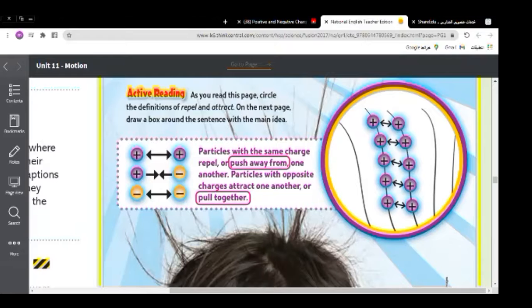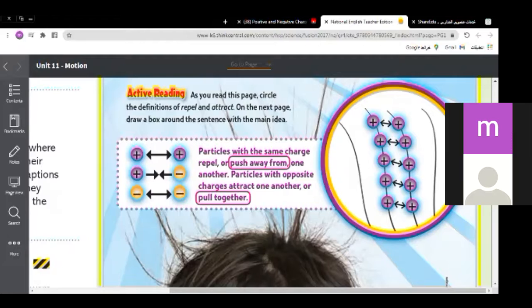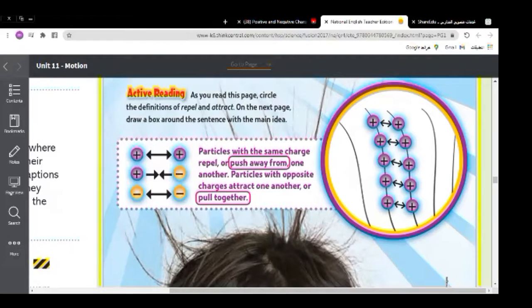If we have positive and positive, are they attracted? No. But if we have positive and negative, they will attract? Yes. If we have negative and negative, will they attract? No. So read it again.